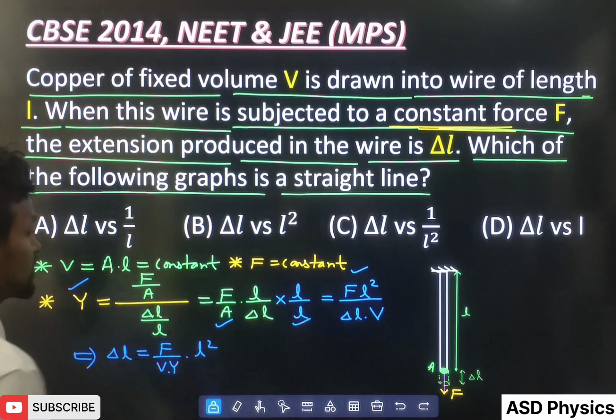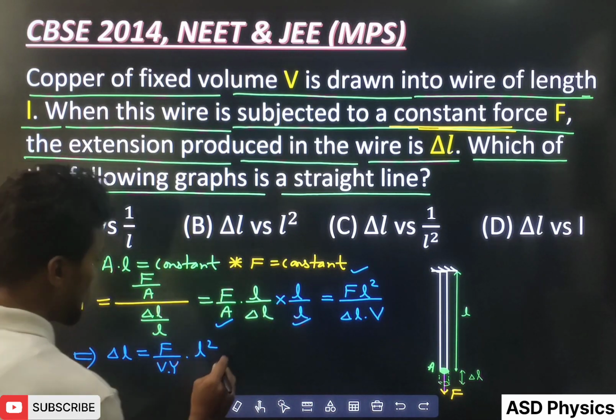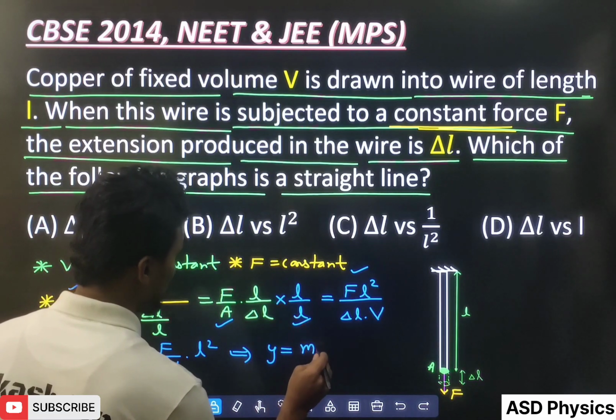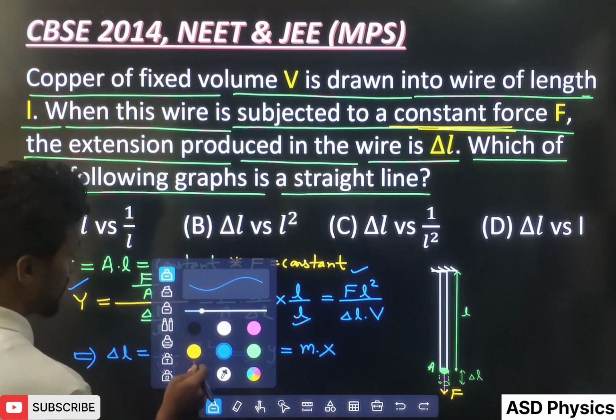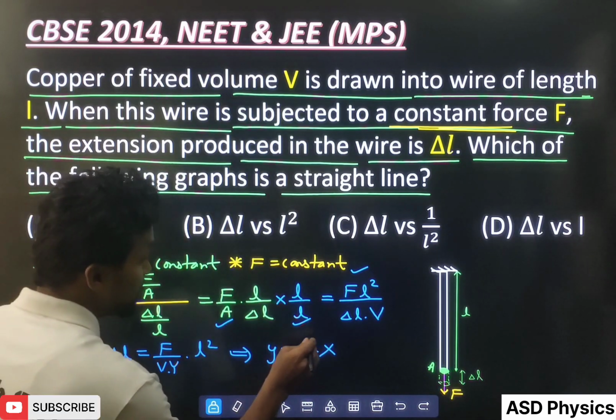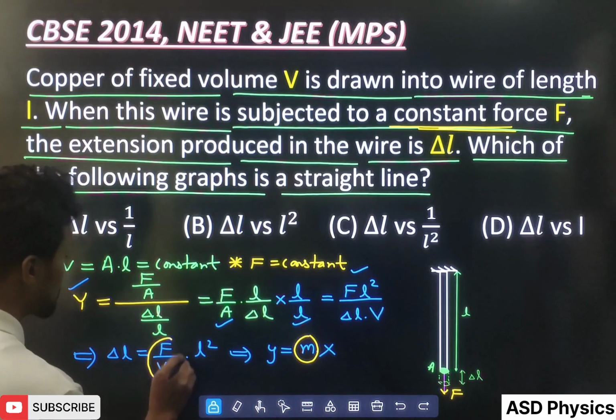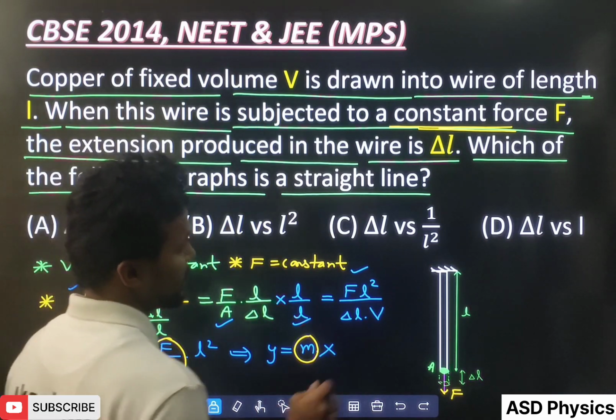From these two things I have written here. So if I compare this equation with y equal to m into x, what will become here? This m is the slope of the straight line, because they are telling which graph is a straight line. Okay. So this m is the slope. What is the slope of the graph? F by VY. Here I am writing here.